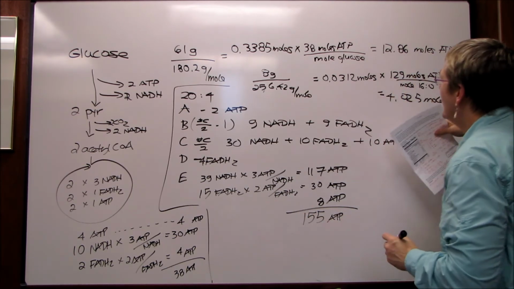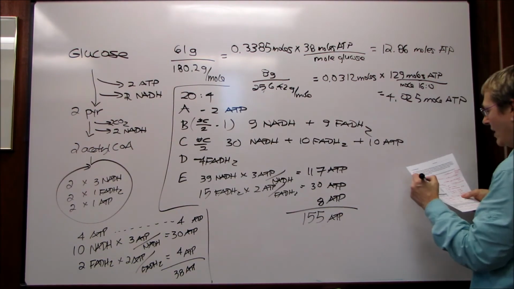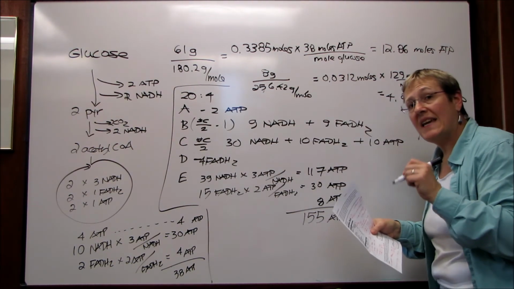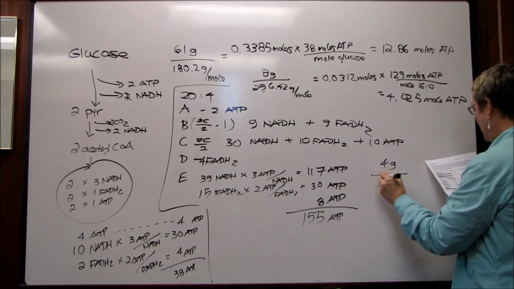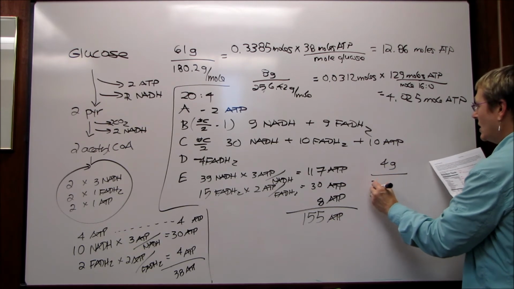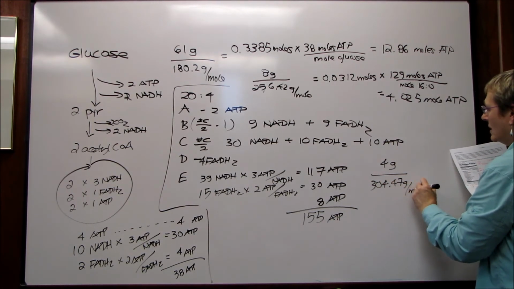Now I've got to do the same math again and figure out how many moles I had. I had 12 grams of fat minus 8 grams of saturated leaves me 4 grams, which must be unsaturated. Divide by the molecular weight, which is 304.47 grams per mole.